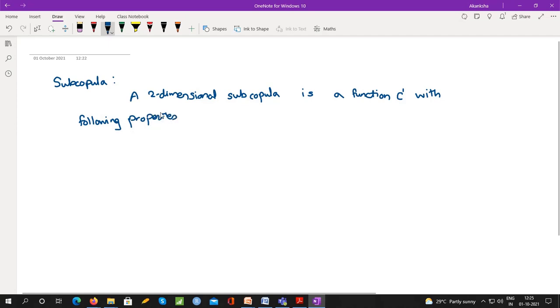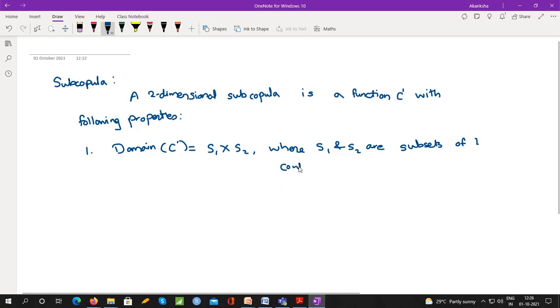We have defined a few terms till yesterday, so we'll be using those terms here. First, the domain of C prime is S1 cross S2, where S1 and S2 are subsets of I containing 0 and 1. Let me complete the definition and then we'll discuss each point. Okay, containing 0 and 1.